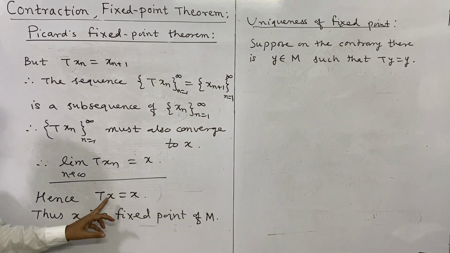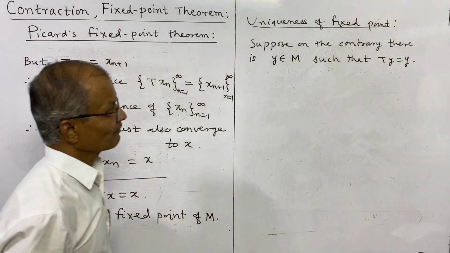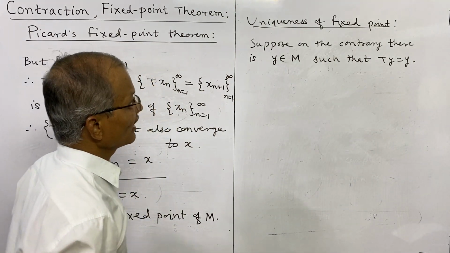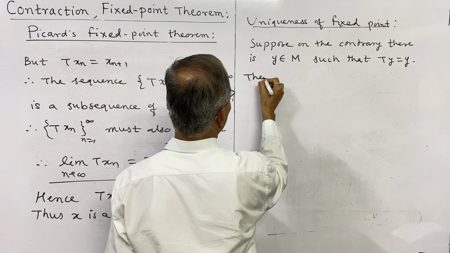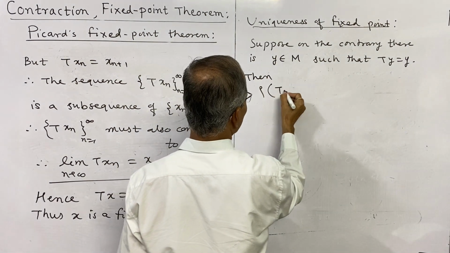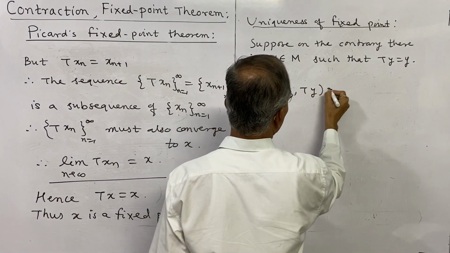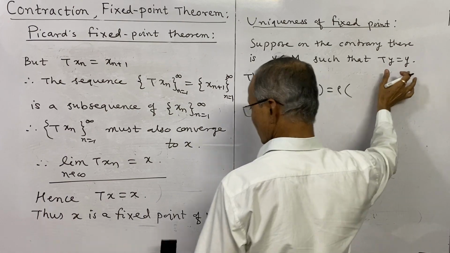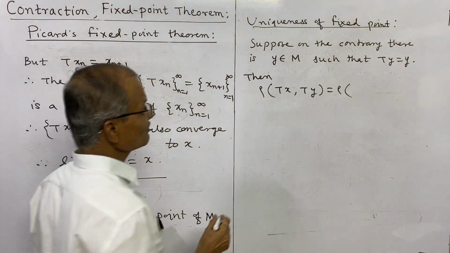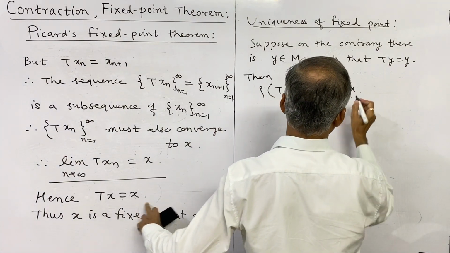There is another point y which satisfies the condition of fixed point. Then what we will have, rho of Tx and Ty will be equal to rho of, now see Ty is y, Tx is x, so this will be rho of x and y.